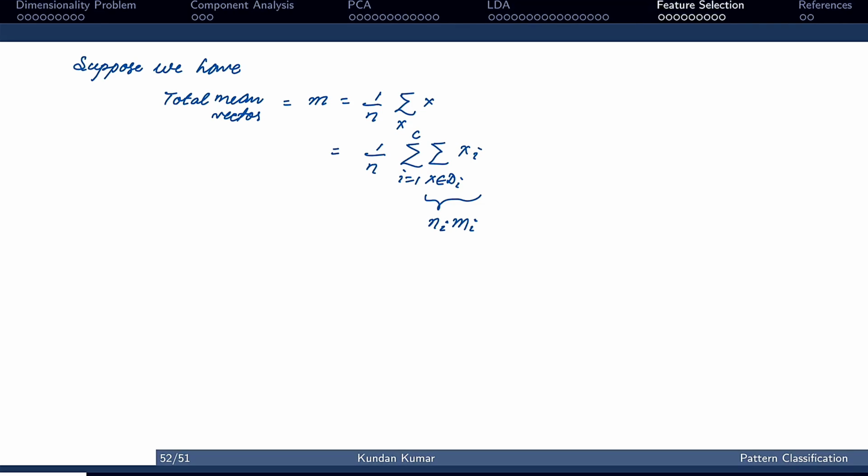So we can write the total mean m equal to 1 by n times the sum of ni mi. Now we have to find the total scatter matrix.